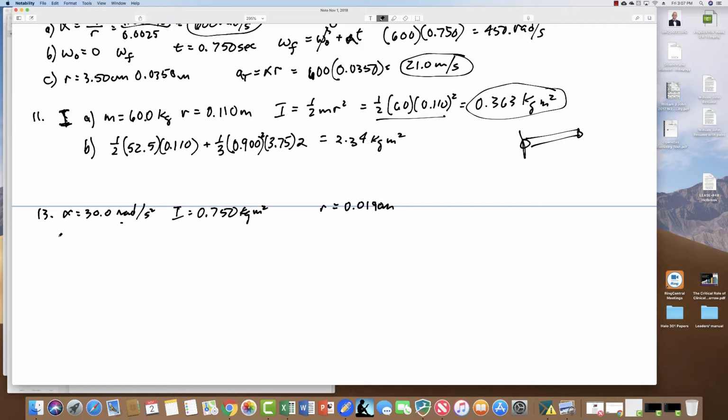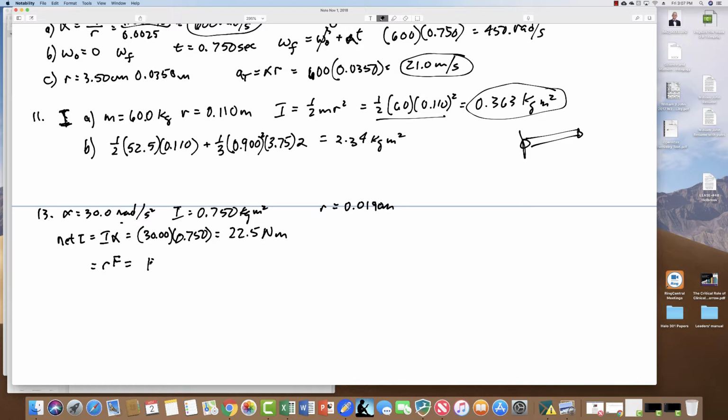So we've said this before, but the net torque is equal to the moment of inertia times the angular acceleration, which is equal to 30 times 0.750. So the net torque is 22.5 Newton meters. And the net torque is also equal to the radial arm times the force.